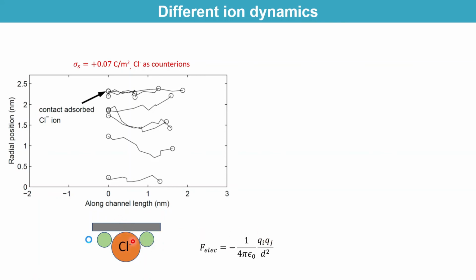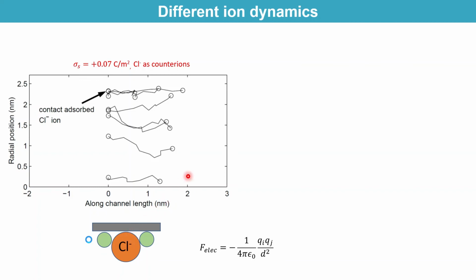And here the chloride ion turns out to be a little bit big. In fact, they are bigger than the water molecule. So their attraction is not enough to pin the chloride ion to the surface. Therefore, chloride ion still can move around, and the force that we apply to them using the electric field can be transmitted to the fluid. Therefore, the fluid can move, and we end up with high speed.